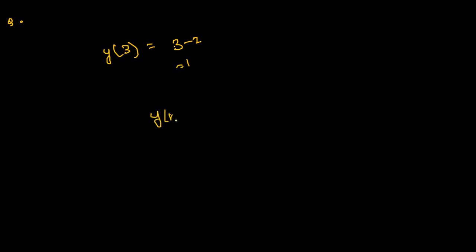Now I can define y of n as 0 when n is lesser than 3, and n minus 2 when n is greater than or equal to 3. This is the final function of y of n. That is how convolution is performed when you are adding, when you have an infinite series. I hope that was clear.